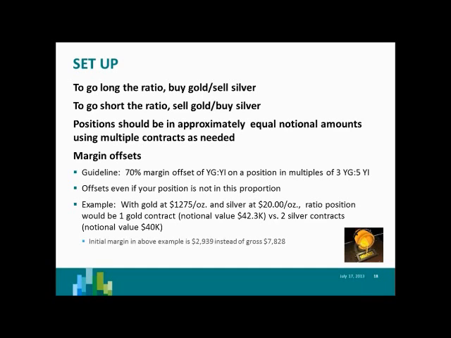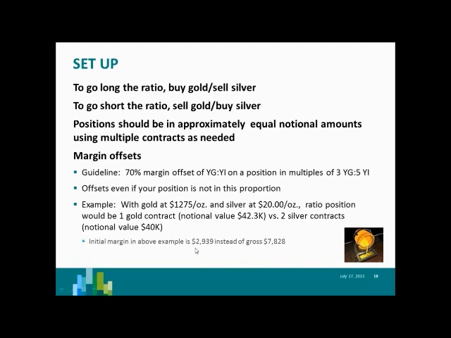If it turns out that the best number of contracts for you to have is less than that, you still capture significant margin relief. For example, with gold at $12.75 and silver at $20 an ounce, the gold contract notional value would be $42,000, and the silver contract notional value would be $40,000.